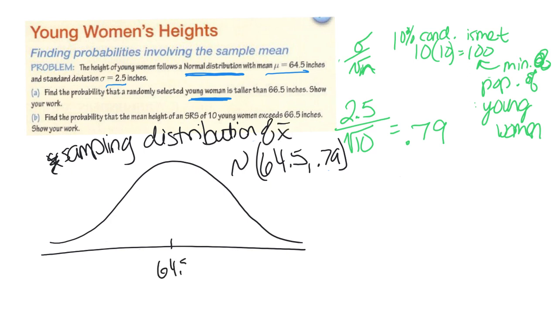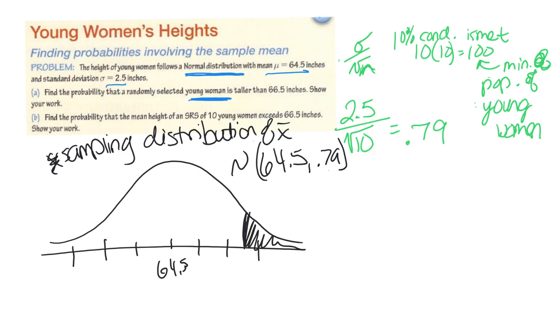So this is going to be a little bit different. And this time, again, I'm looking at getting a sample mean of 66.5. And this time, 66.5 is going to be a lot further along down my curve. So 66.5 is going to be somewhere way over here.